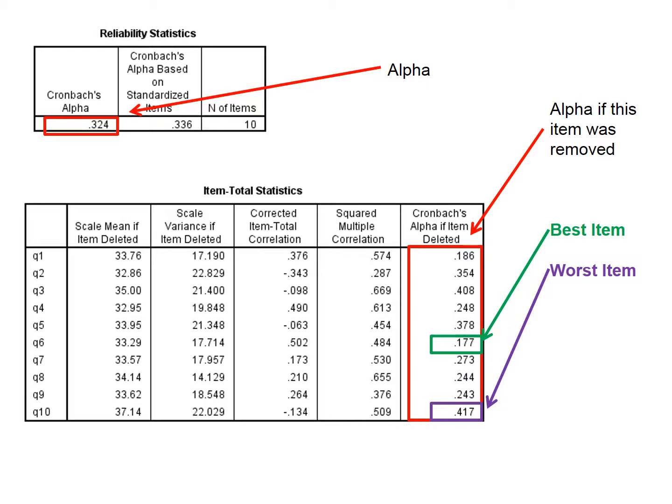So if we go to question 6 and over to that green box, we find out that if question 6 wasn't included, our alpha would go from 0.32 down to 0.17, much worse. So that's one of our best items. However, if we look at question 10, if we remove that item, the scale actually gets better. It goes from 0.32 to 0.417. That's a bad item that we'd want to remove.